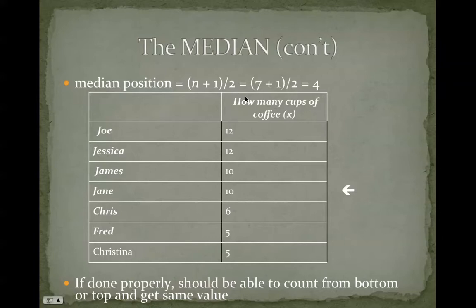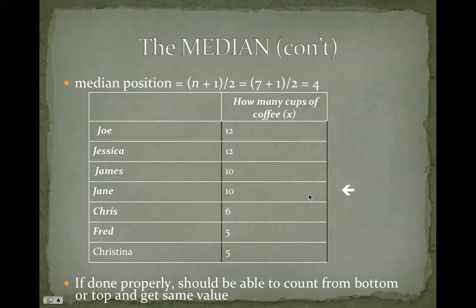The median value is associated with the position of the median. So median position equals 4. If we count up 1, 2, 3, 4, the arrow here represents the median position. Count from the top or the bottom; it shouldn't matter.